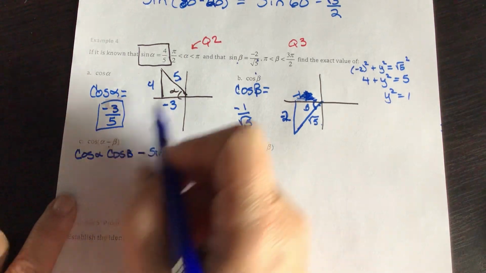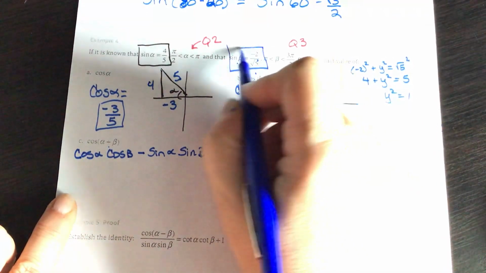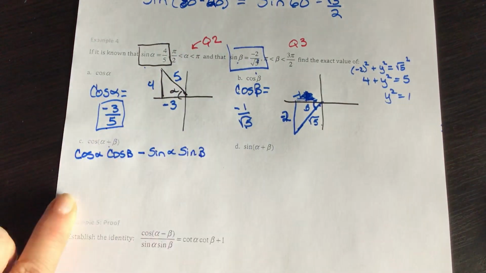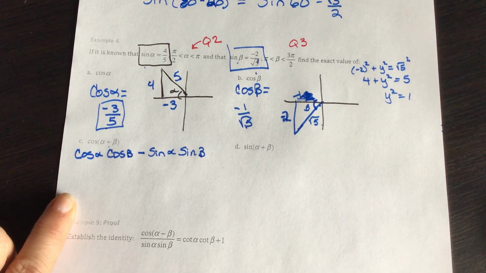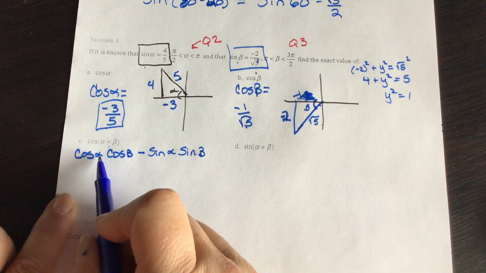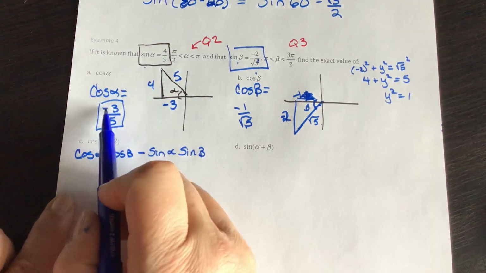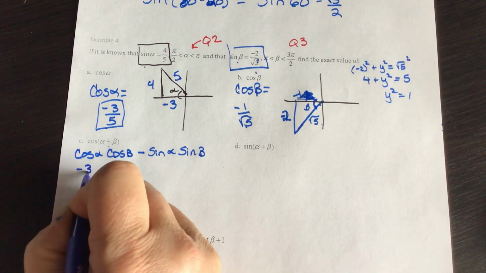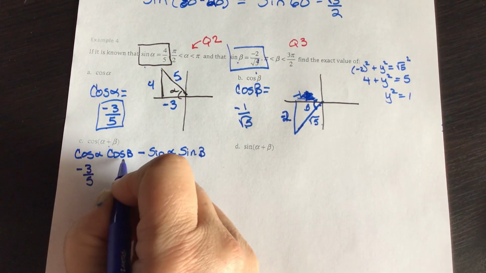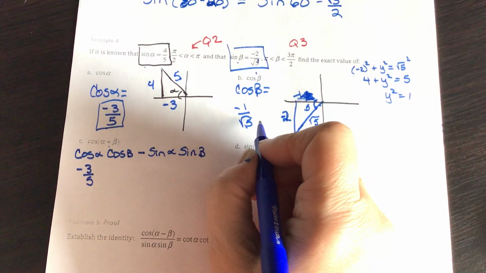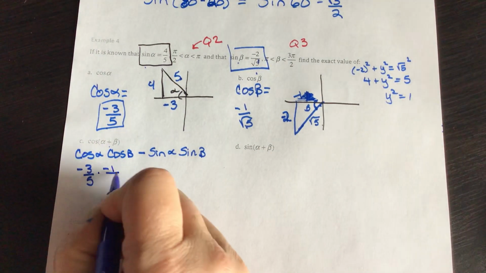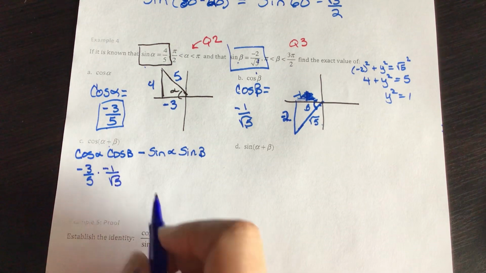All right, so going back up to our problem. So our sines are up here and our cosines are down here. All right, so cosine of A. So here's angle A. Cosine is -3/5. Cosine of B is -1 over square root of 5.